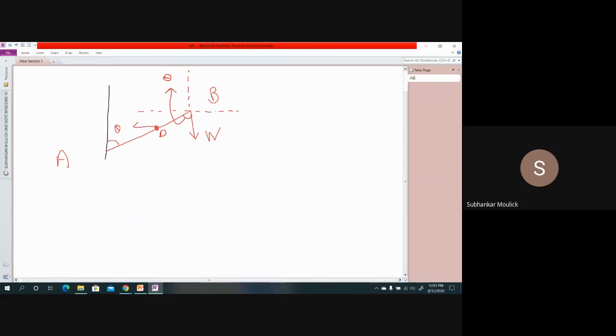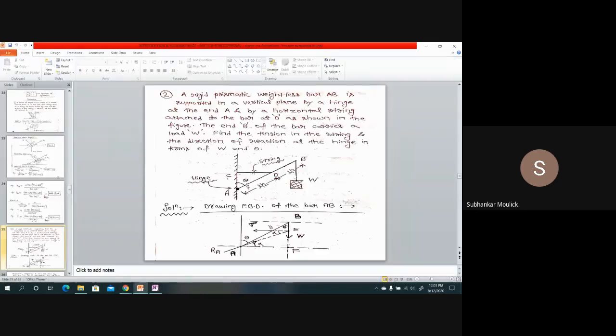Say this tension is T. If I look at this string from point C, the string will exert tension towards point D in this direction, and if I look from point D, the string will exert tension towards point C in this direction. You can assume any one direction. If your answer of tension comes out negative, that means you have taken the wrong direction. The direction will be reversed. So I have taken this direction.